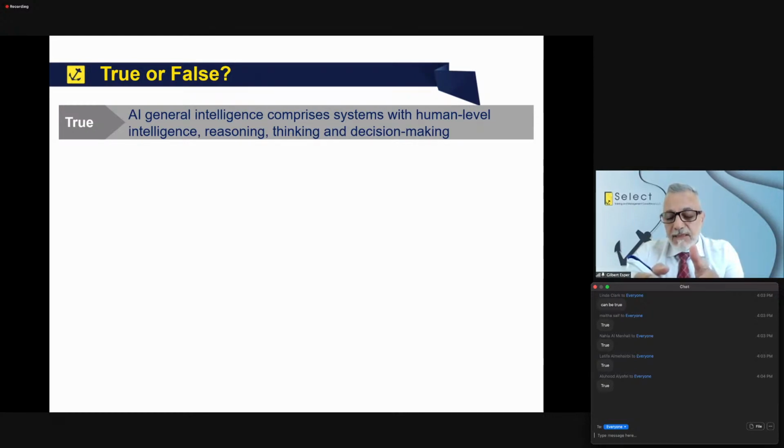Currently, artificial intelligence doesn't reach the level of human intelligence. When we're talking about artificial general intelligence, yes, it could reach that level. I'll explain later what the meaning of intelligence is, what reasoning is, and how we extract information from the environment around us and take decisions. So Iman, your answer is correct. Currently, artificial intelligence is not at the level of a human, but artificial general intelligence, which we don't have till now, could reach this level.